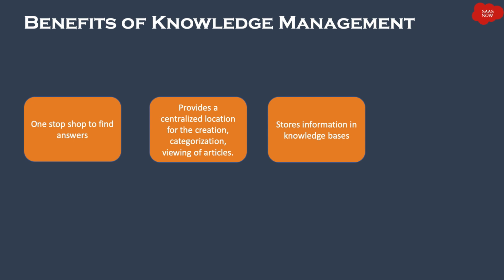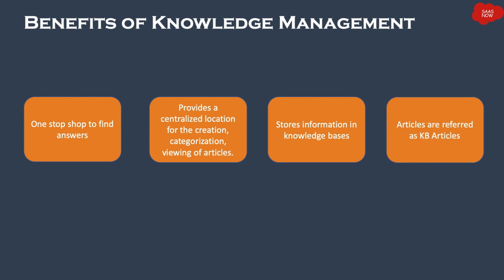The information and articles are stored in a knowledge base. That means it is kind of a bucket, which is being categorized as per the process you have, as per the business units you have in your organization. Articles in ServiceNow are referred as KB articles.